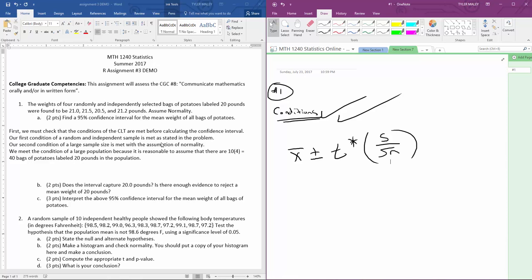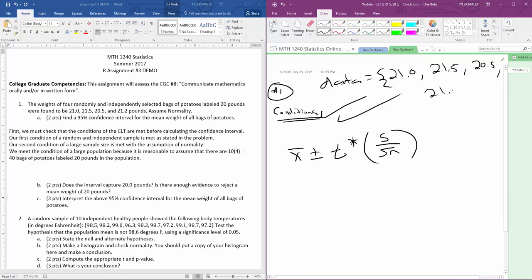So let me just write down my data. My data are these four numbers: 21.0, 21.5, 20.5, and 21.2.